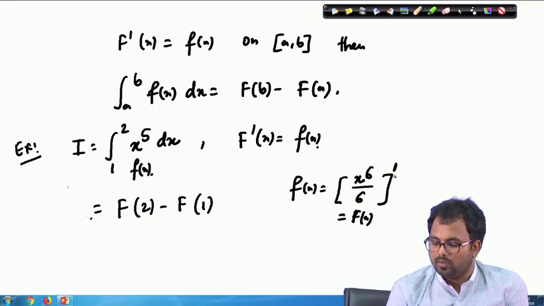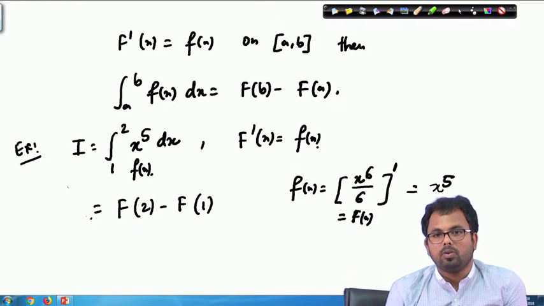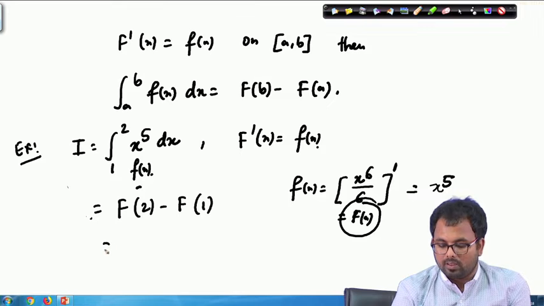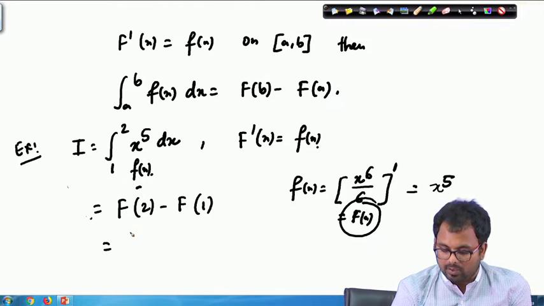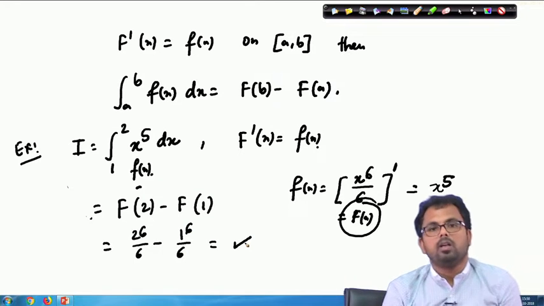And if I take the derivative of that capital F, then we will obtain x to the power 5, and this x to the power 5 is our small f(x) here. And you see this is our capital F(x), and then it's basically 2 to the power 6 by 6 minus 1 to the power 6 by 6, and that will be the answer.